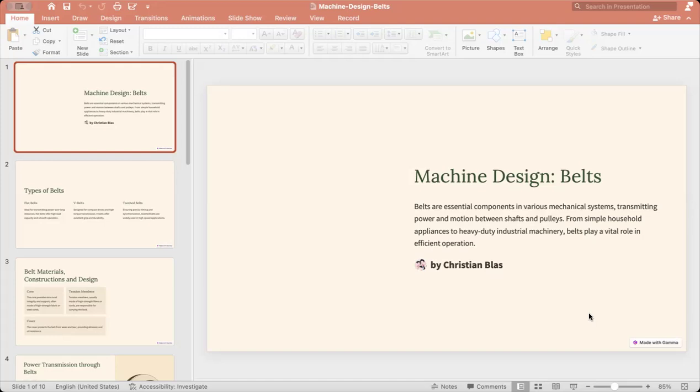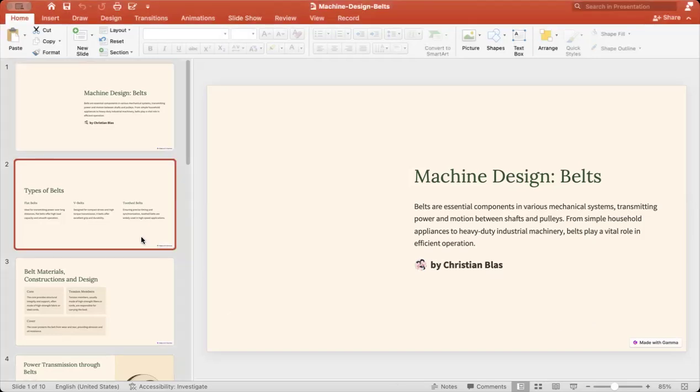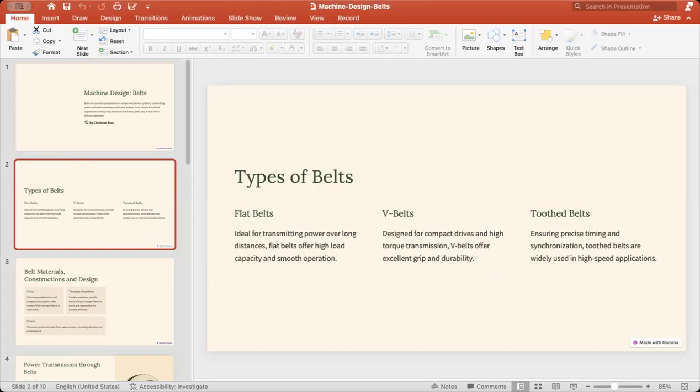If it's not indicated in the problem whether it's an open belt or a cross belt, we will always consider an open belt. We also have different types of transmission belts: flat belts, V belts, and tooth belts.